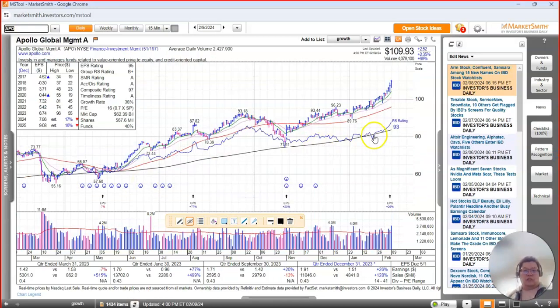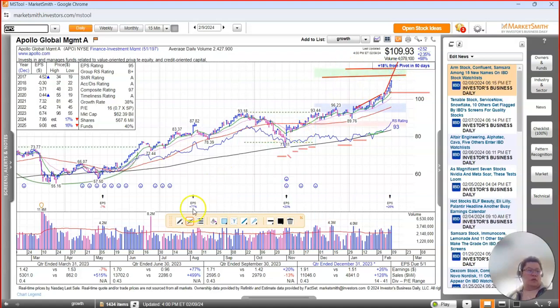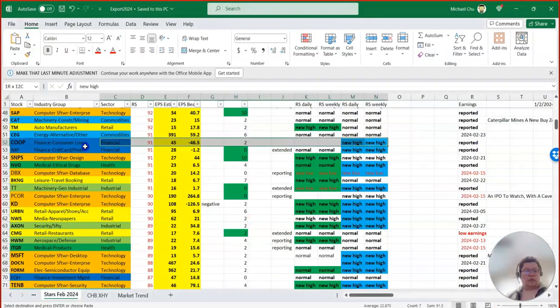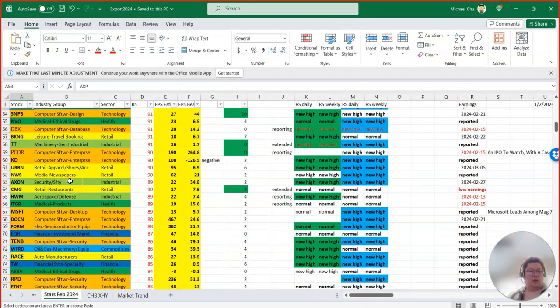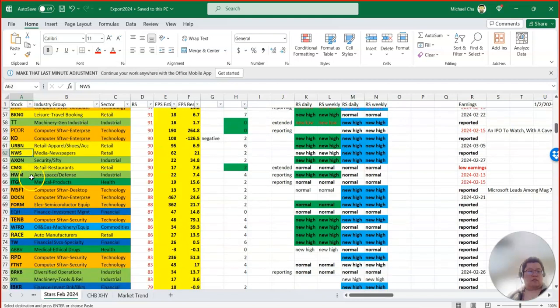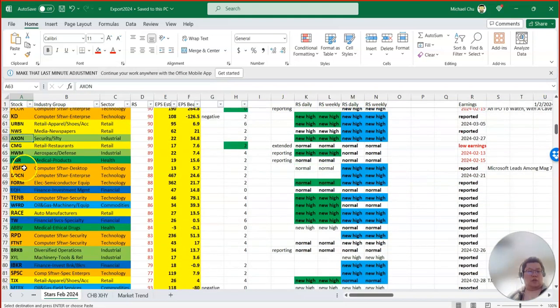It was moving not very fast, but now look at the slope, right? The slope has changed, and it's trying to reach this 20-25% now. Bob breaks out on earnings, starting to move. AXP, American Express moving. TT is also moving. KD, Urban, Exxon. So yeah, there's still lots of stocks moving.